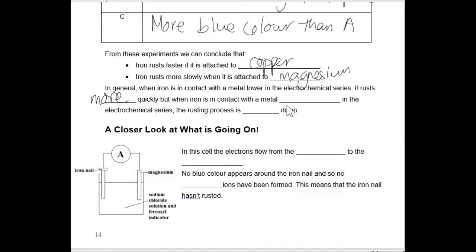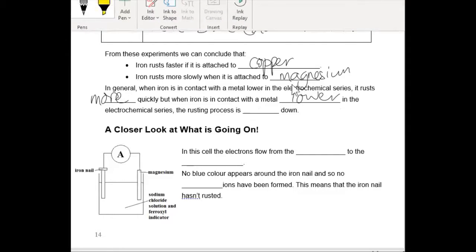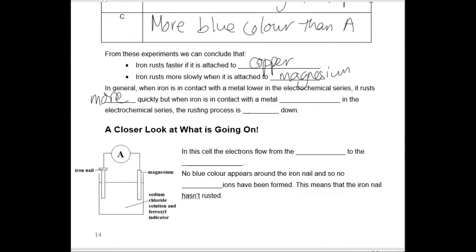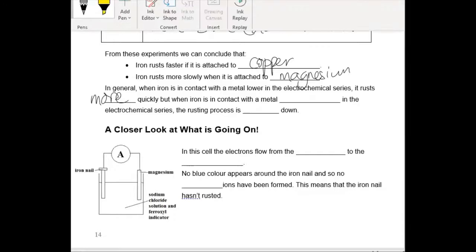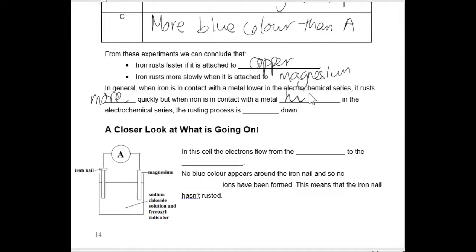Right, okay. When iron is in contact with a metal higher in the electrochemical series, the rusting process is slowed down.